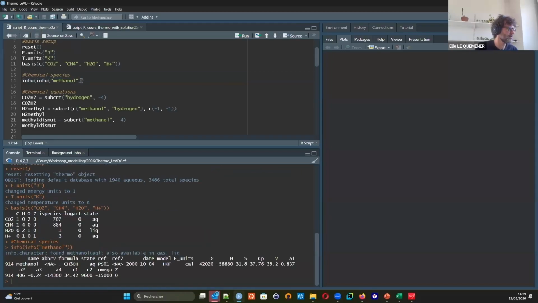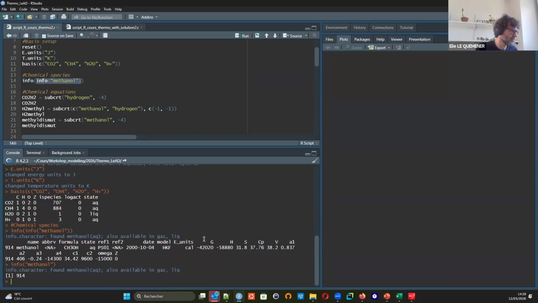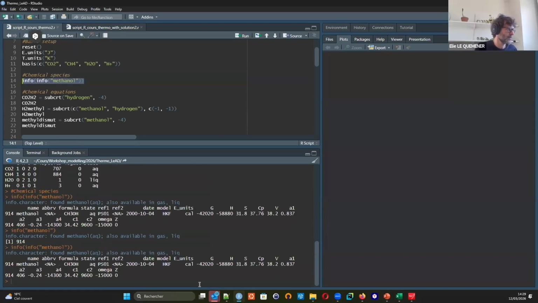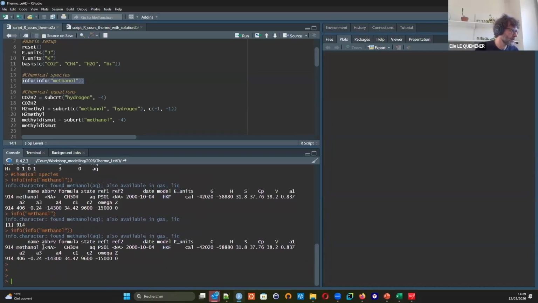So we are interested in methanol, for example, and if we just run info on methanol, we get just the identification number in the database. But if I do this info of methanol, I have all the chemical information on methanol in the database. So you have the name, the formula, the state, and all thermodynamic properties of the molecule.